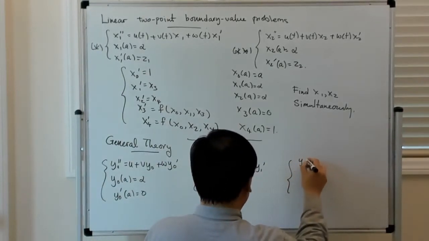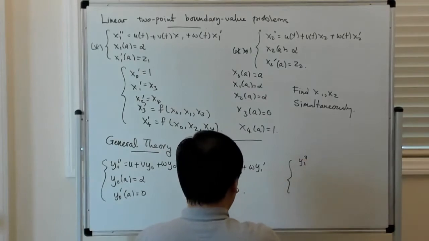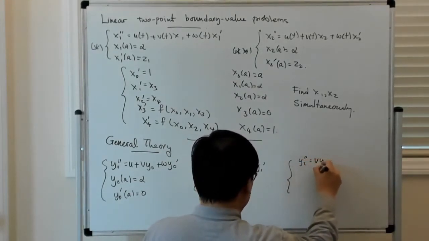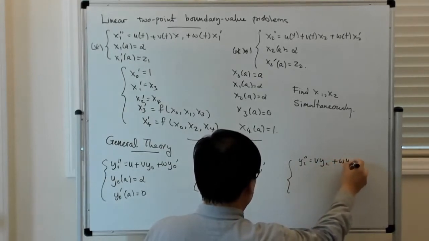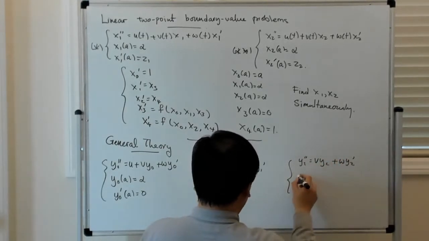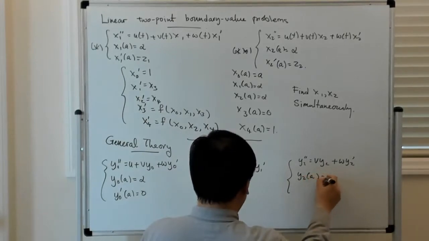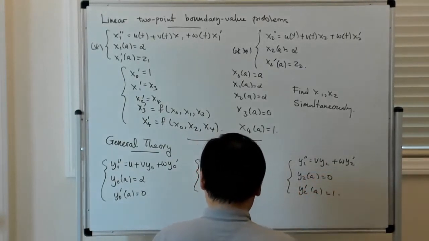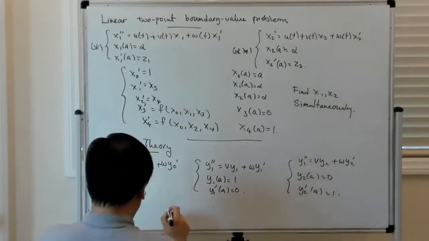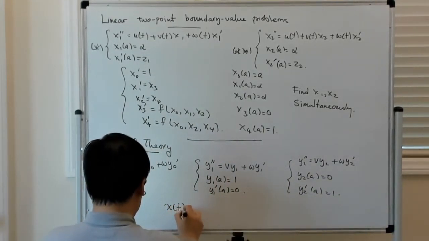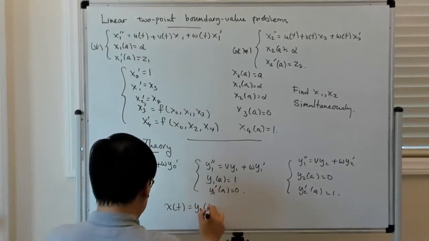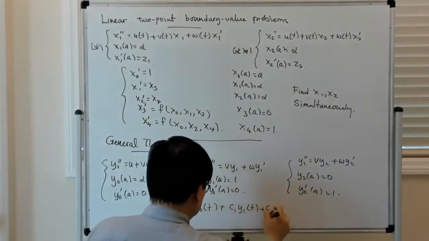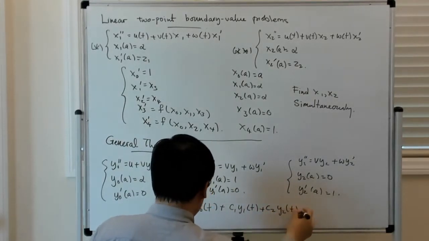Then y2 double prime is equal to v y2 plus w y2 prime, with y2 of a equal to 0 and y2 prime of a equal to 1. Then you can check that the solution has the form x of t is equal to y0 of t plus c1 y1 of t plus c2 y2 of t.